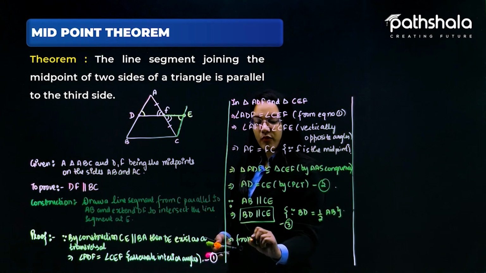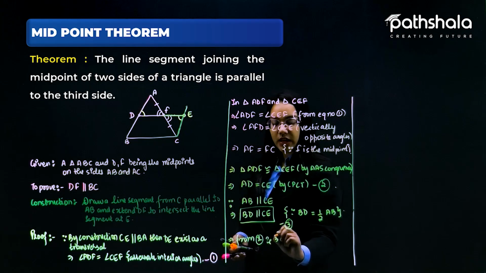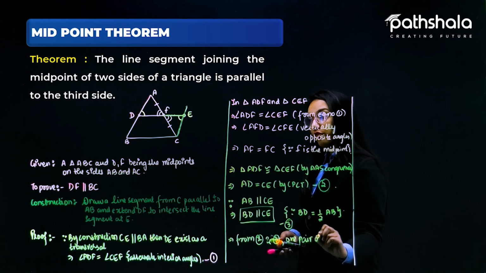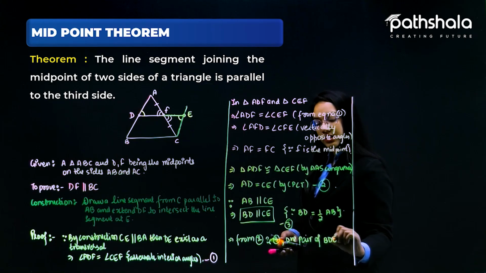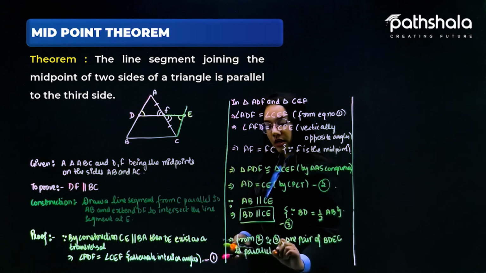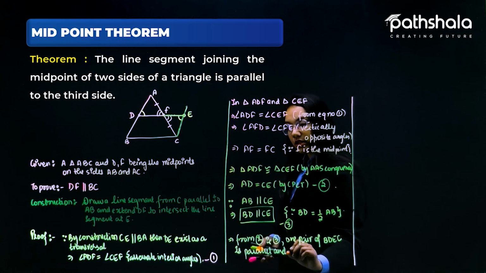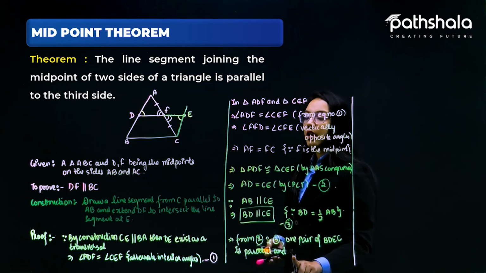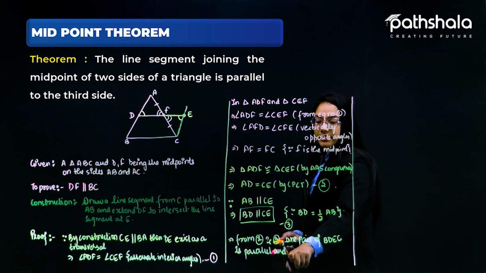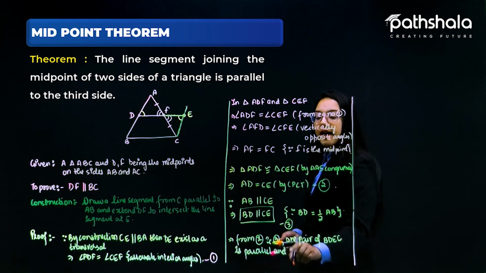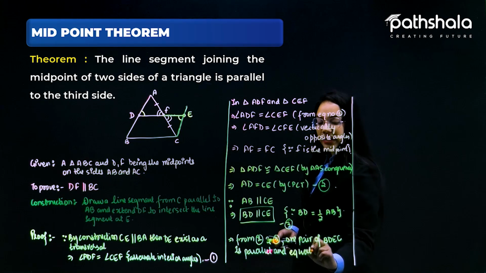So from 2 and 3, we can say that one pair of sides of BDEC is parallel and equal as well.